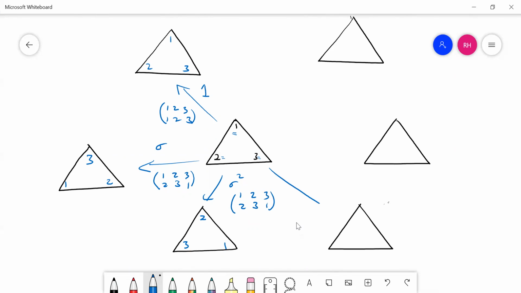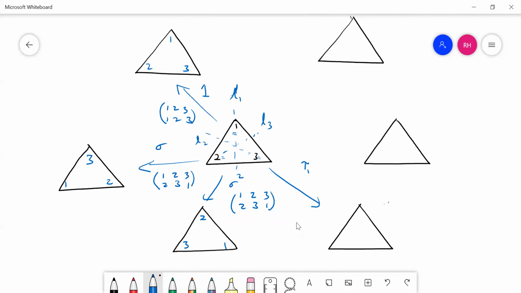Okay. The next thing we could do is a reflection in, so this is L1, the line 1, L2, L3. So tau 1 is the reflection in the line L1, which is what we did when I started this video.